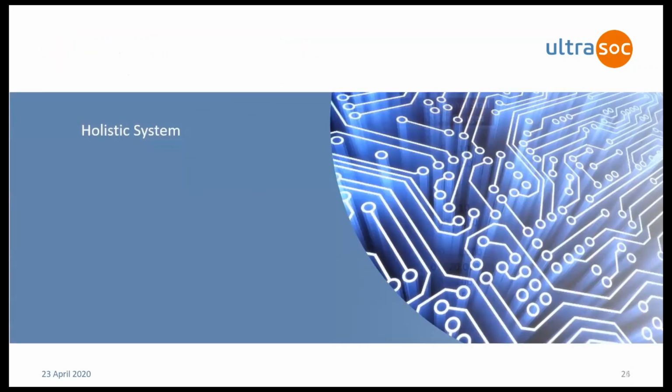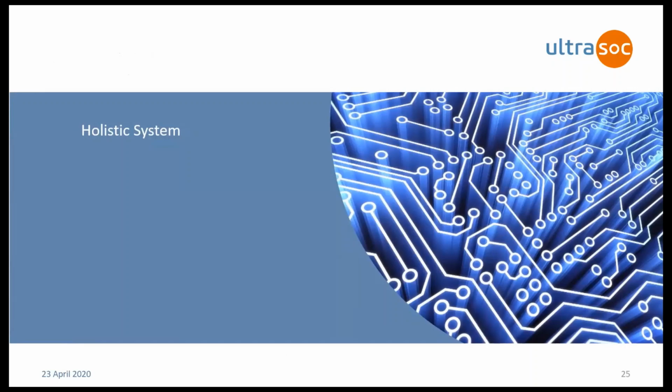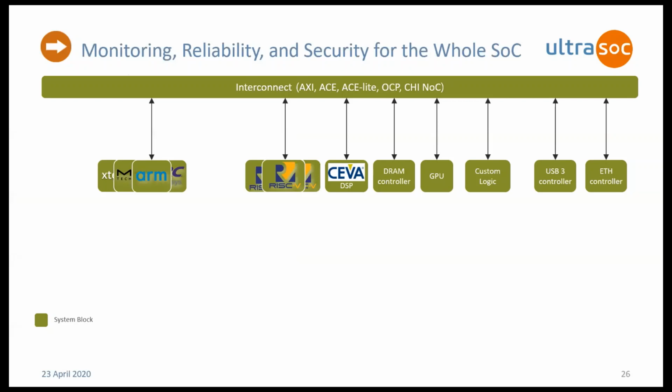Right, in the last few minutes that I have, I just want to briefly talk about some of the other work that we are doing over at UltraSoC. So we are providing IP that can help with monitoring the activity within the SoC.